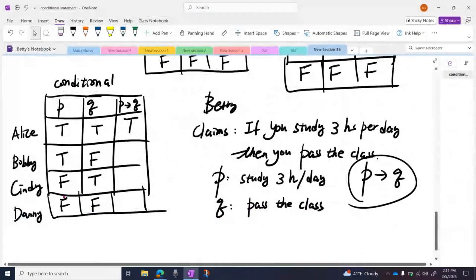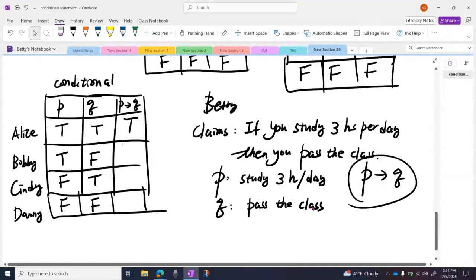Yeah, the problem is Bobby. In Bobby's case, P is true, Q is false. That means in Bobby's case, the antecedent is true. However, the consequent is false. Bobby studied 3 hours every day very diligently.